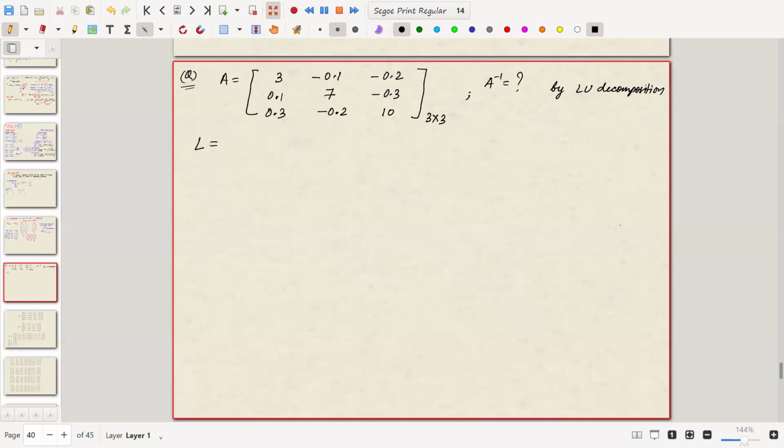But anyway, you can appreciate that this is the L and U. I am giving it to you. After this, the real method starts. Note it down.